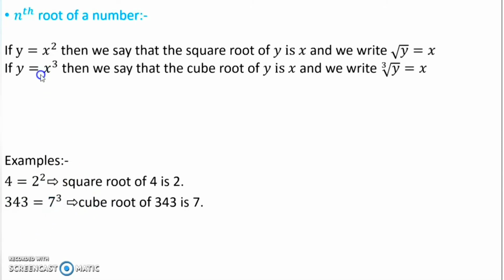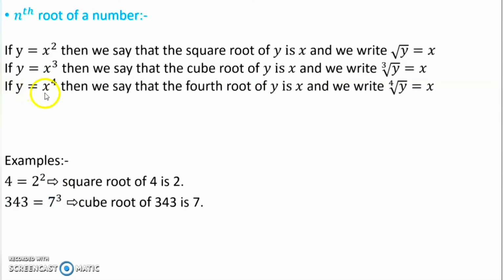Now similar to this, if you have y equal to x raised to 4, then you will say that the fourth root of y is x, and instead of 3 here, now you will have 4 here. So this means the fourth root of y is equal to x. For example, 625 is equal to 5 raised to 4. Even this you can verify yourself.